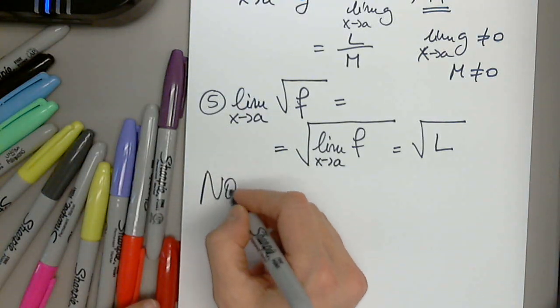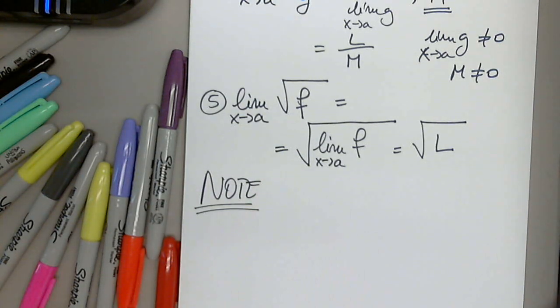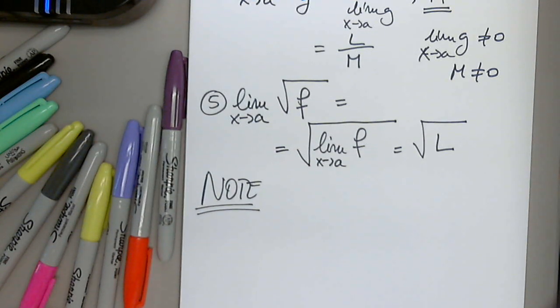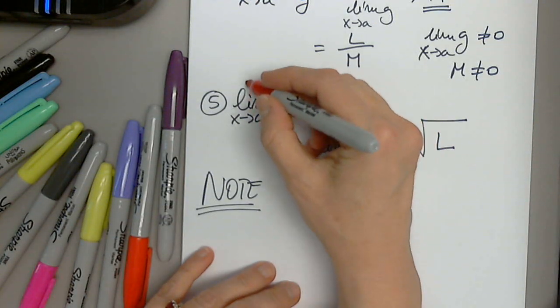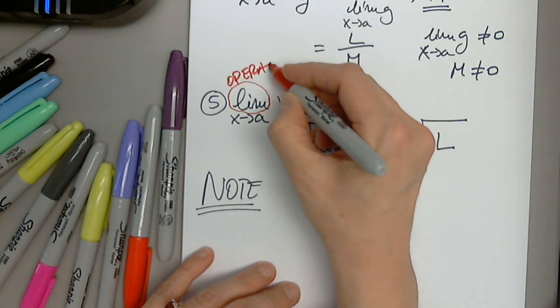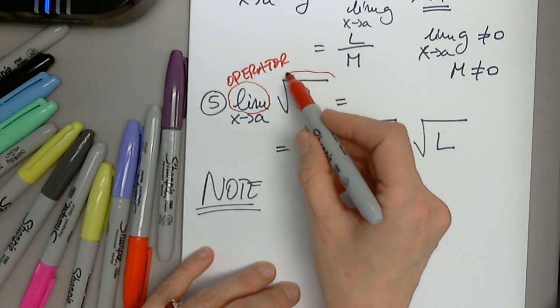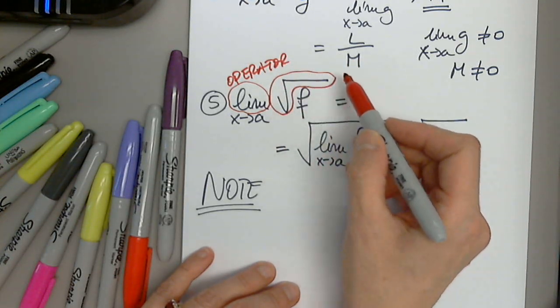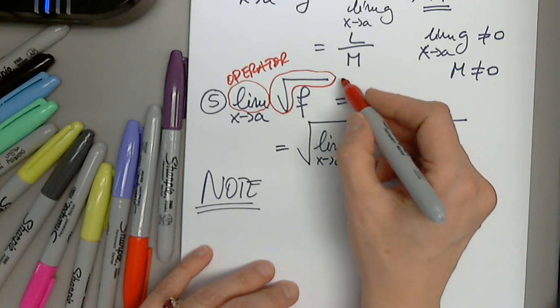Big note here, something for your notebook, because this is very important. How did we call this? We called it an operator. How do we call this? Exactly, another operator.